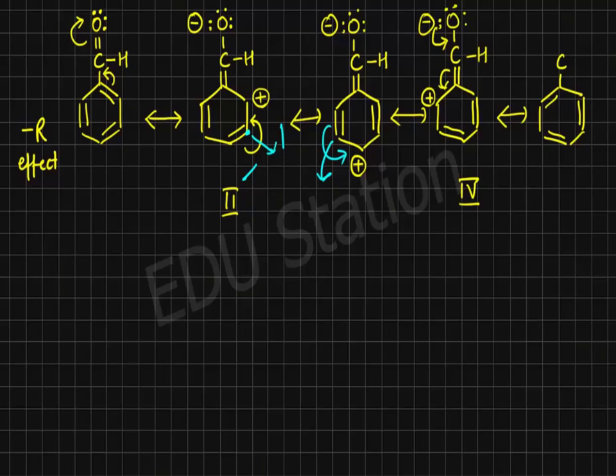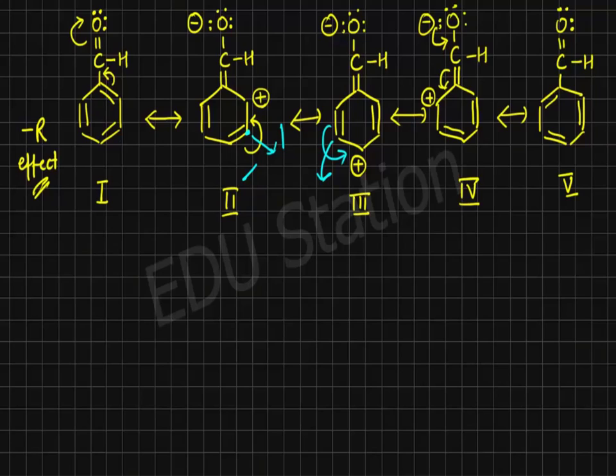C double bond O H, now oxygen has 2 lone pairs. So, structure 1 matches with structure 5. When a group withdraws electrons from the ring, the effect is called minus R effect.